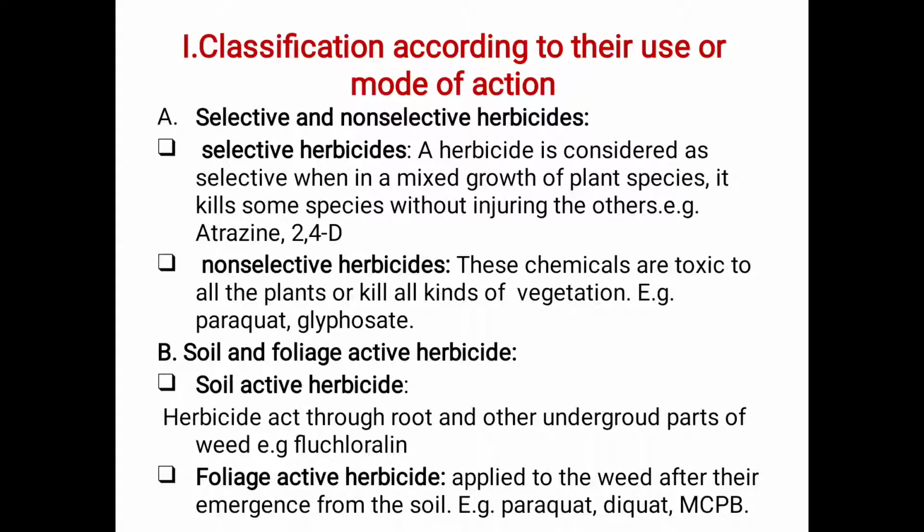Then non-selective herbicides are chemicals toxic to all plants, killing all kinds of vegetation. Non-selective herbicides are generally used for controlling weeds in stale land, roadsides, playgrounds, fallow land, and examples are paraquat and glyphosate.